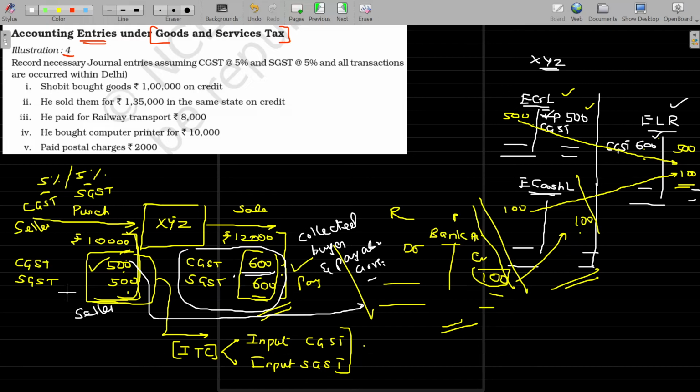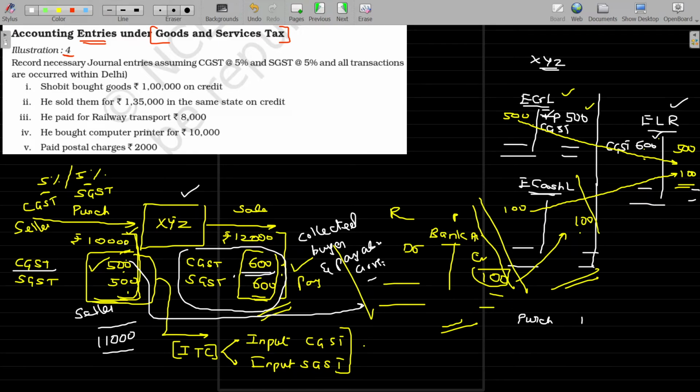Let's see here. I will now pass the entry in the angle of XYZ related to this one. So XYZ purchases for 10,000 together with the additional payment of 1,000 rupees for CGST and SGST. Overall payment made by XYZ in this case is 11,000 rupees. The entry here being purchases account debit.